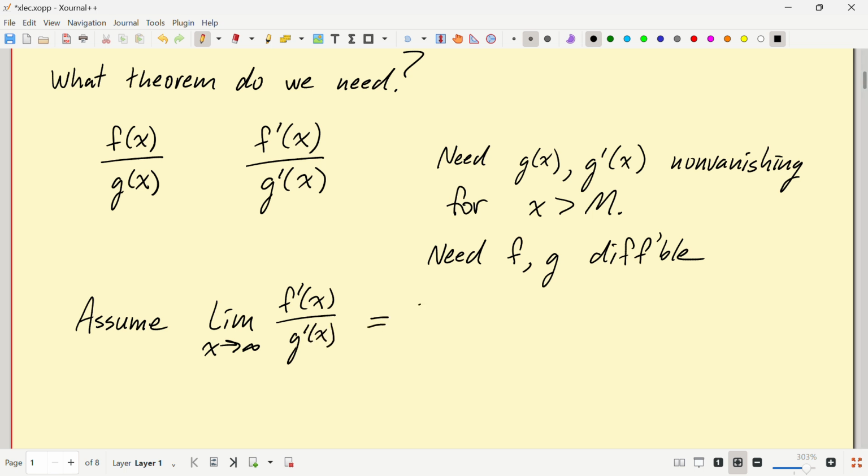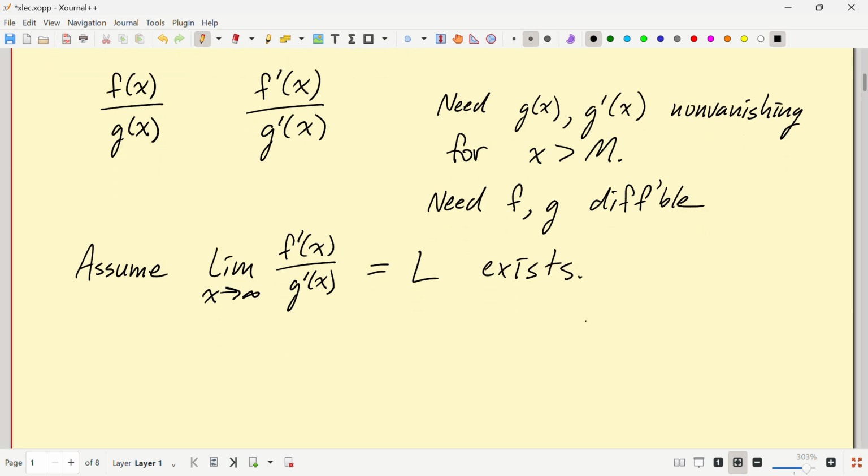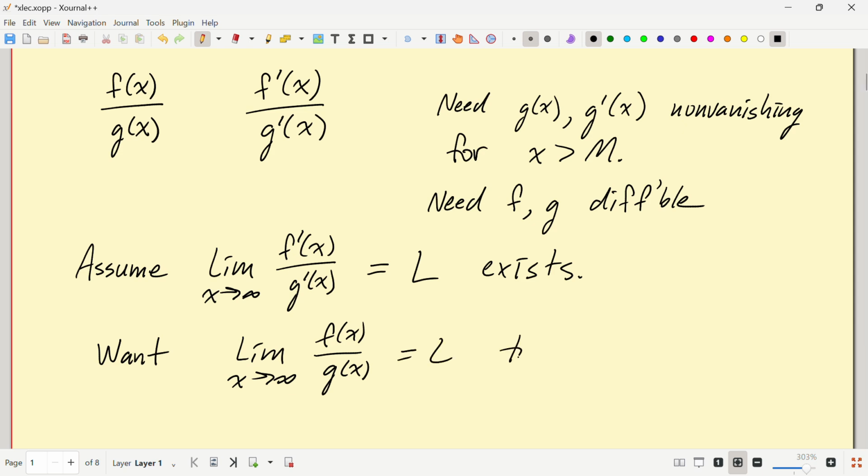So that's going to be L, the limit. And then we're going to want that the limit as x goes to infinity of f of x over g of x without the primes equals L. Okay?